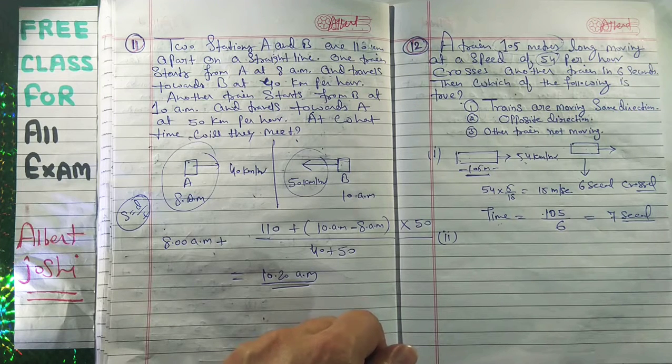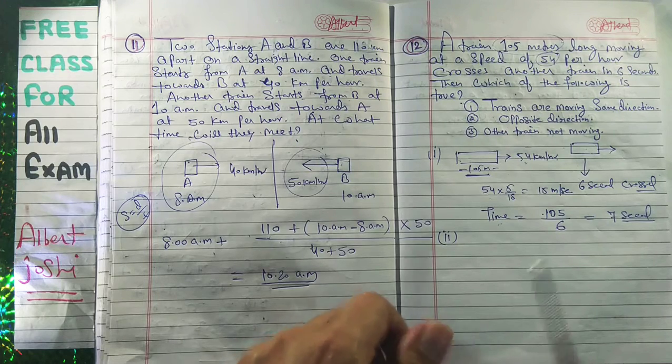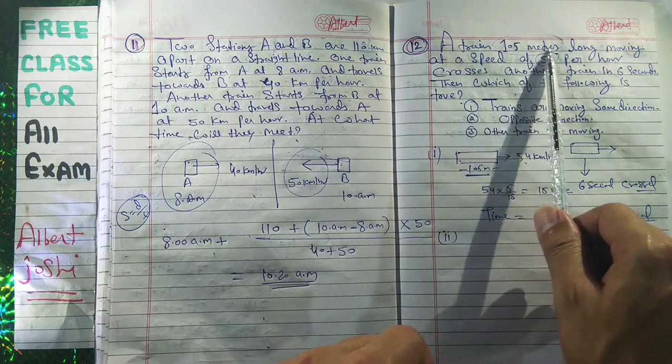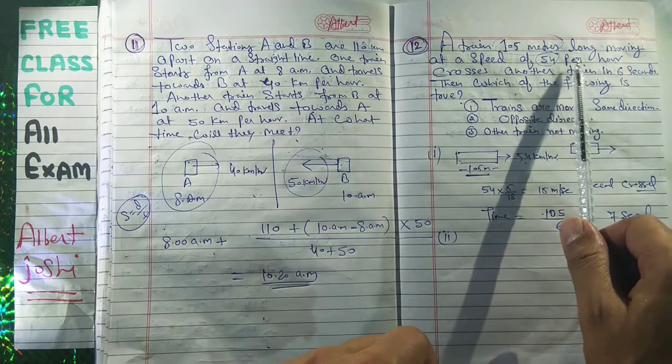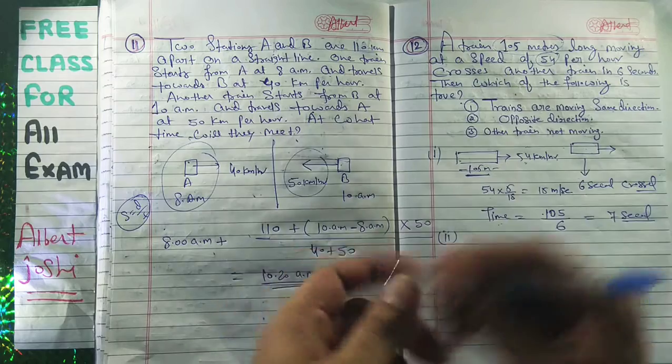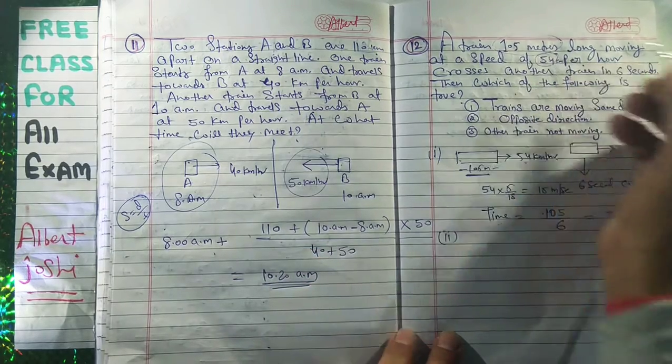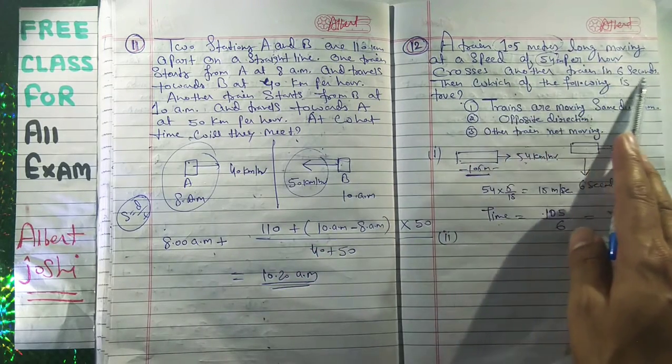You can see one important thing. A train 105 meter long, moving at a speed of 54 kilometer per hour, crosses another train in 6 seconds.